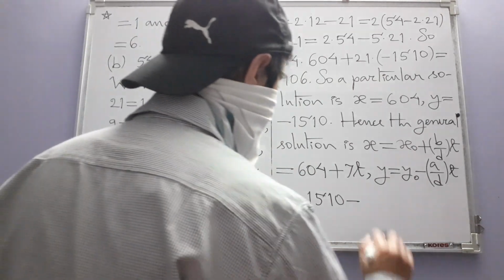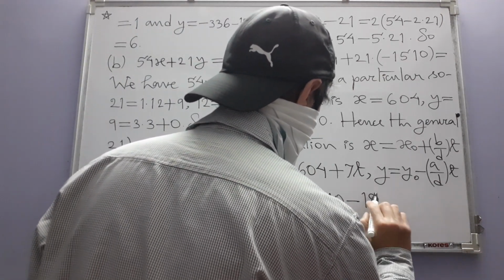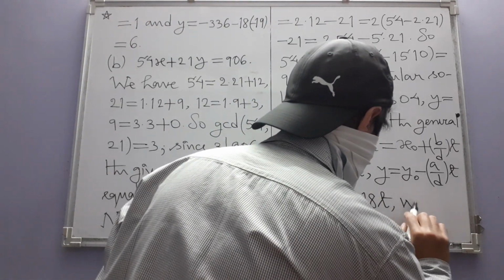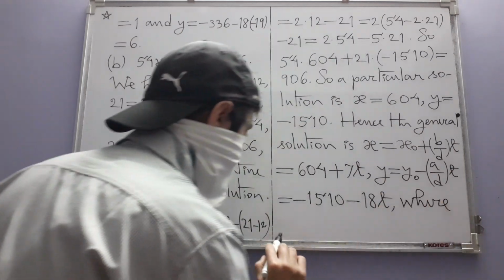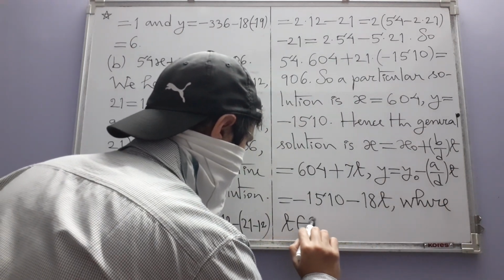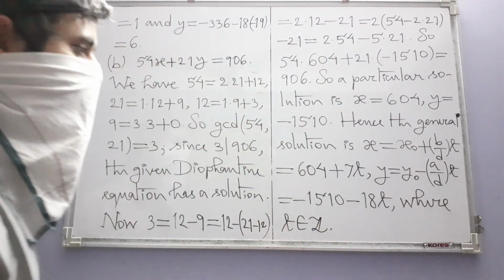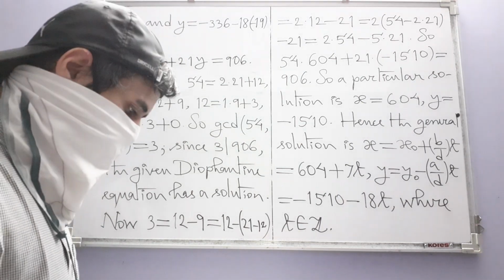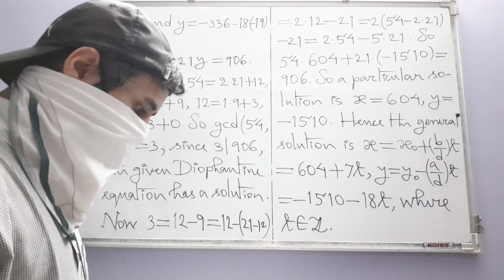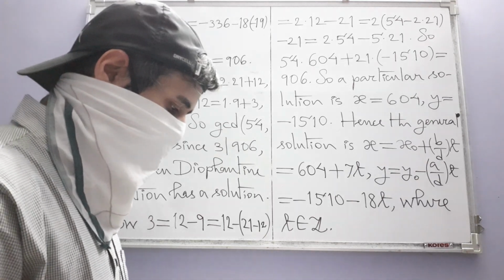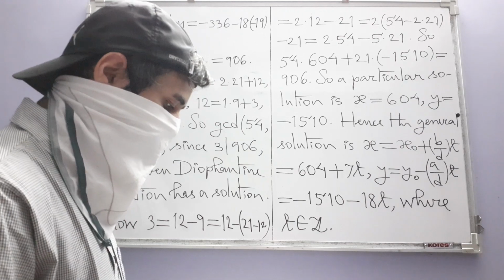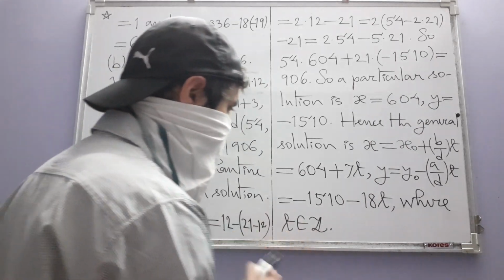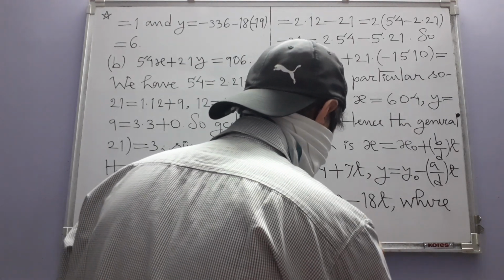So that means 18 times t, where t is any integer. So that is the general solution. 604 plus 7t and minus 1510 minus 18t. Yeah, okay. So let's now seek the positive ones.